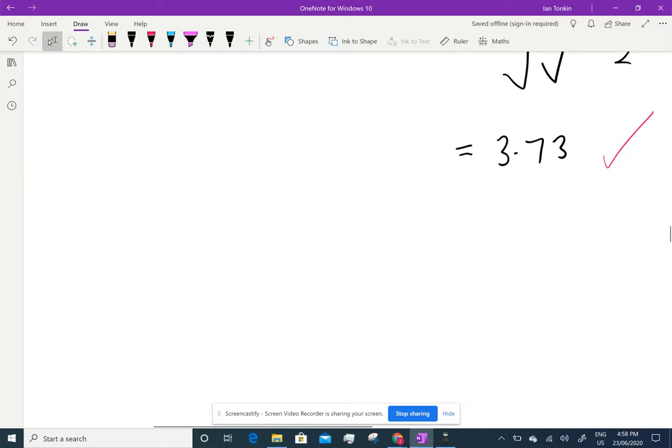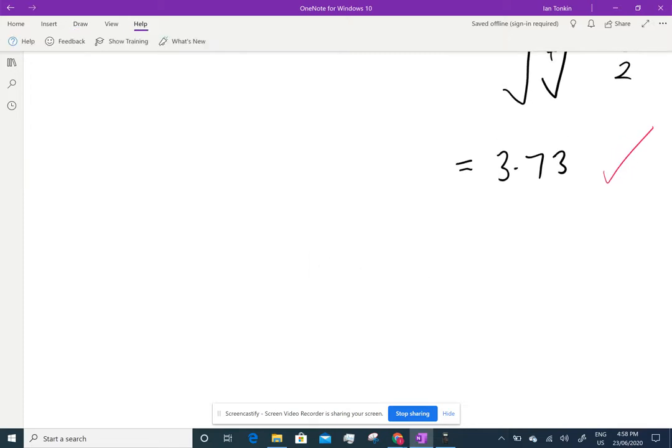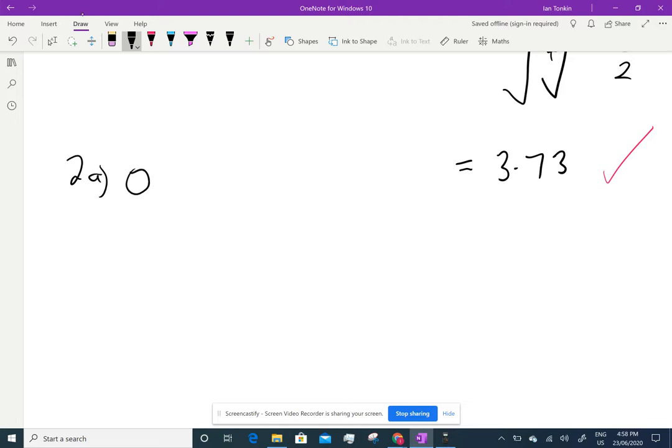So this is 2A. And what am I finding? I need the first quartile, Q1. I'm finding the second decile, and I'm finding the 77th percentile.